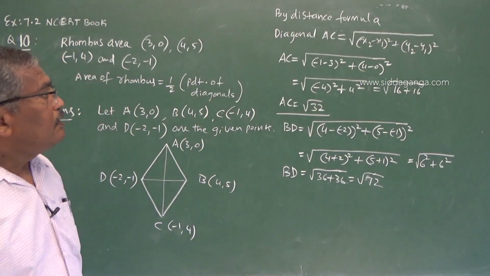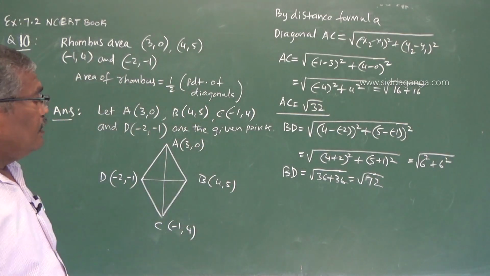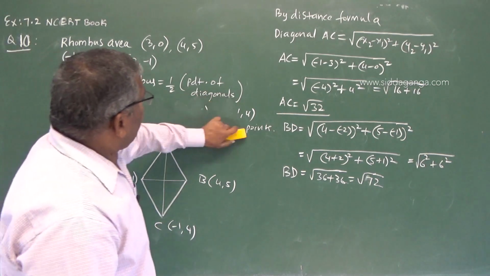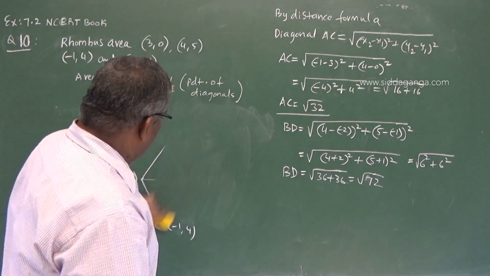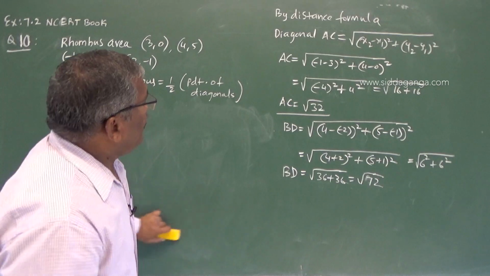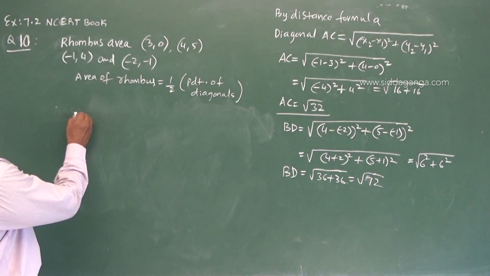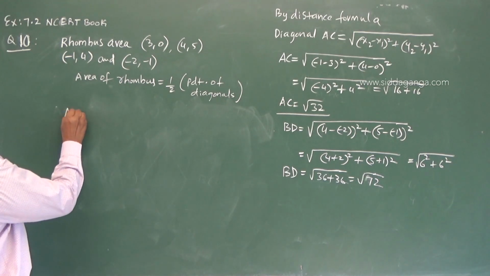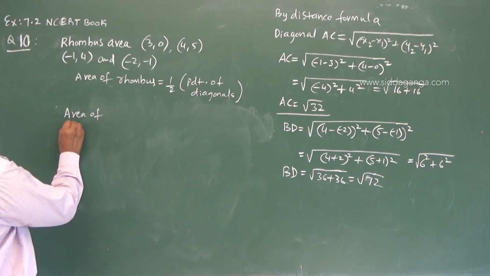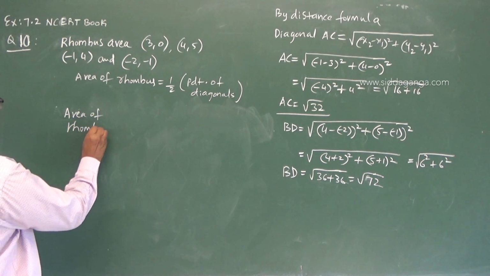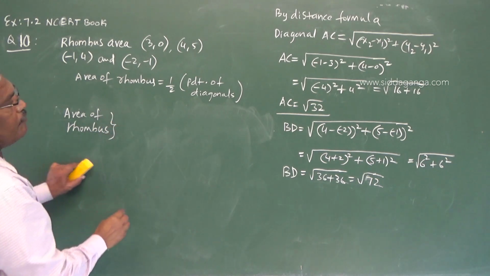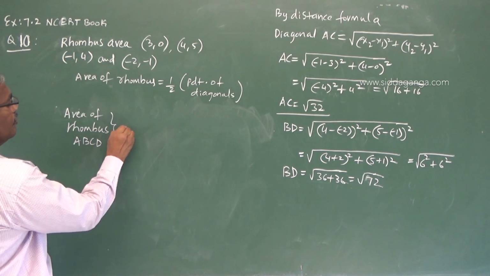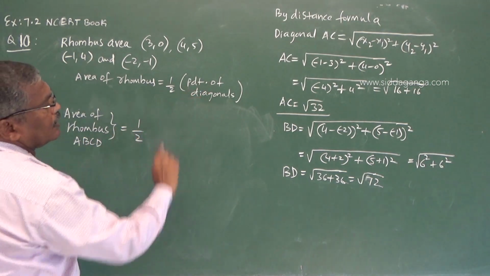So therefore, now I will erase this and I will write here. So we have the two diagonals. Therefore, area of rhombus ABCD will be equal to 1 by 2 into product of diagonals.